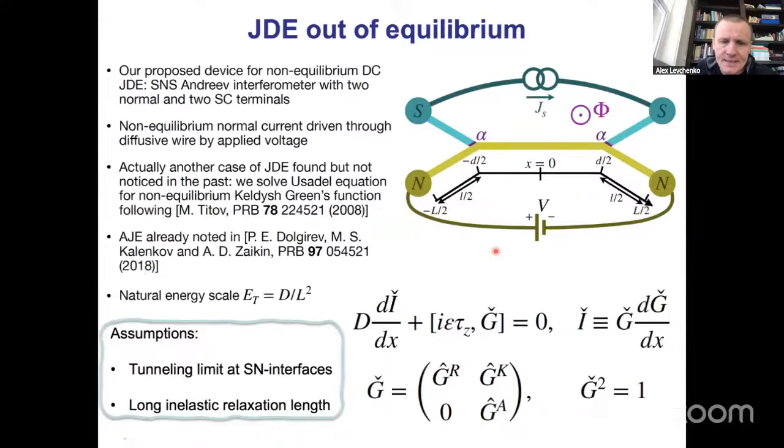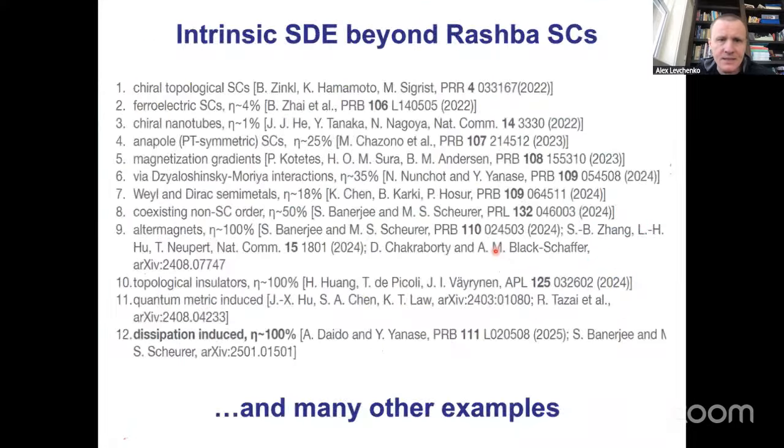We also looked at some other mechanisms of diodes in superconducting interferometers under non-equilibrium conditions and so on and so forth. So up to this point, I'll probably skip these slides. Just want to tell you that this is an enormously big field. People are looking at different materials, topological materials, magnetic materials, and all kinds of exotic systems, and proposing different mechanisms for how one can boost these diodes.